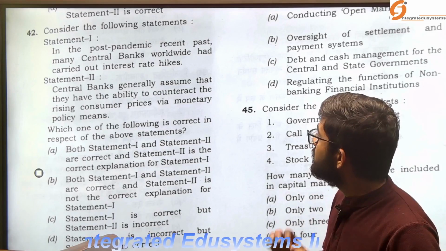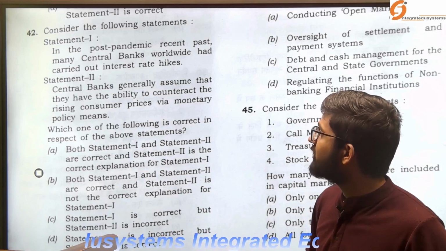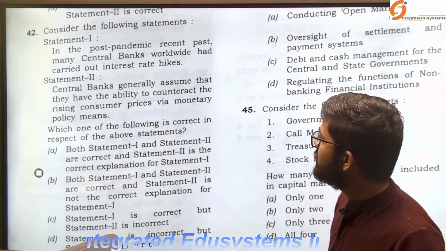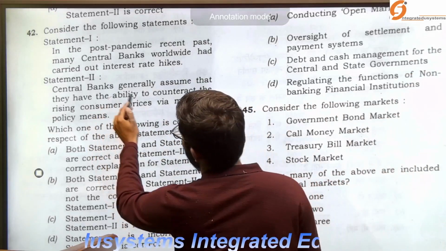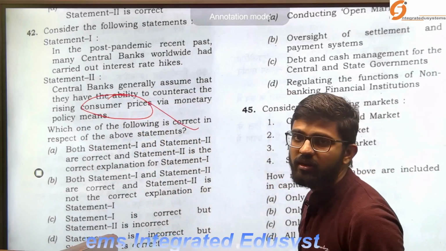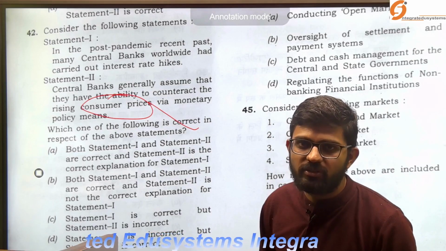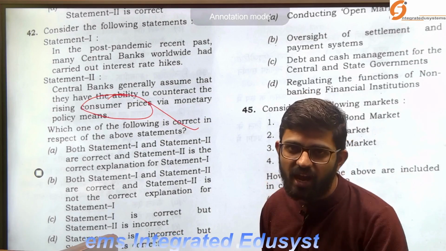Statement 2: Central banks generally assume that they have an ability to counteract rising consumer prices via monetary policy. Consumer prices means inflation. To tackle inflation, central banks use monetary policy, and through monetary policy they raise interest rates.